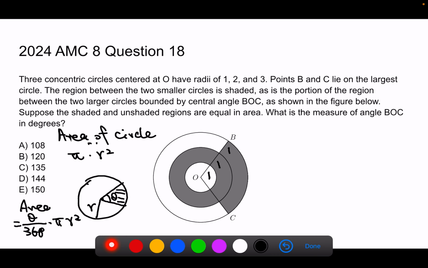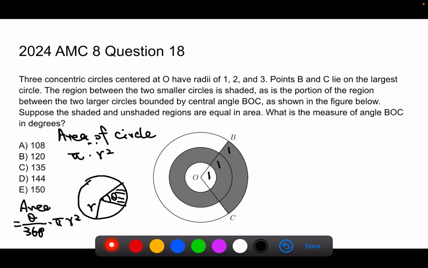The way to understand it is a full circle is 360 degrees. Now, if this shaded area's angle is theta, then you just get a portion of the area. So theta divided by 360 times pi r squared. That is sufficient for us to try to solve this question.